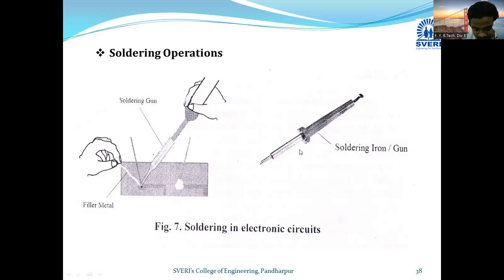Write down. Advantages: a large variety of parts can be joined.